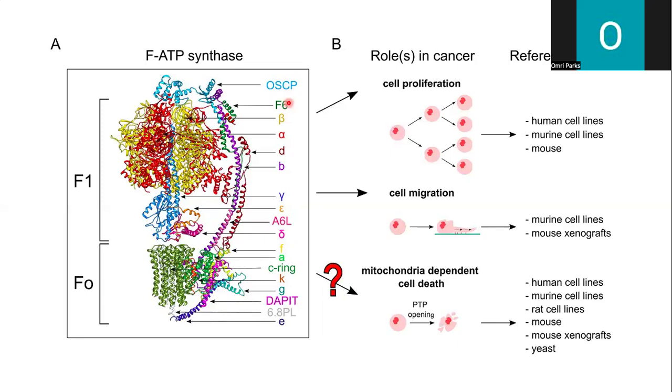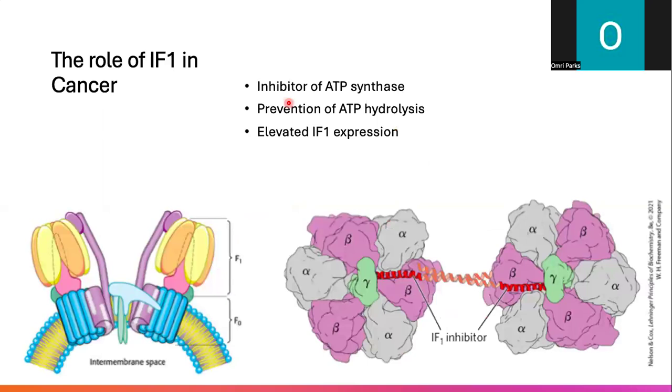It's important to know that IF1 is a physiological inhibitor of ATP synthase. We know that the N-terminal region of IF1 binds to the catalytic subunit of ATP synthase, while the C-terminal forms dimers and tetramers.